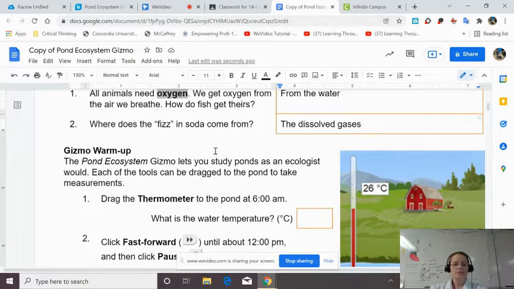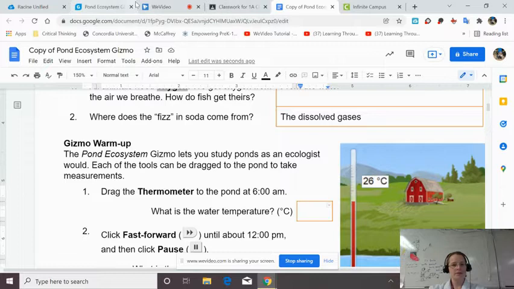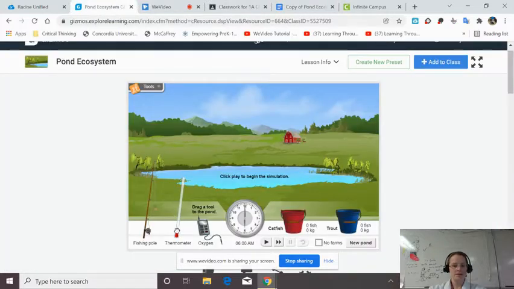So we're going to explore the pond ecosystem Gizmo like an ecologist. So here we go. Drag the thermometer to the pond. Here's the thermometer. Here's the pond. What's the temperature?